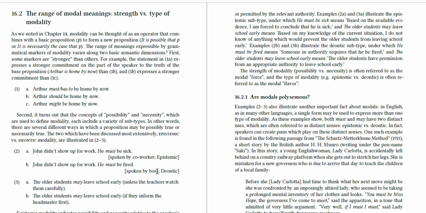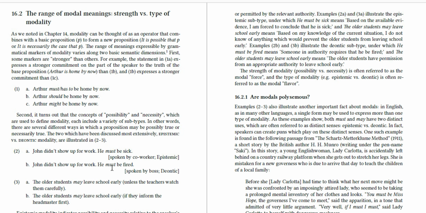So when we have rules controlled or mentioned in the sentence, or something related to bad conduct or good conduct, we say it's deontic, and here it is informed by his boss. So if his boss says he's fired, it means he already left and they kicked him out. And when we talk about deontic necessity, we need to understand it expresses what is required or what someone is obliged to do.